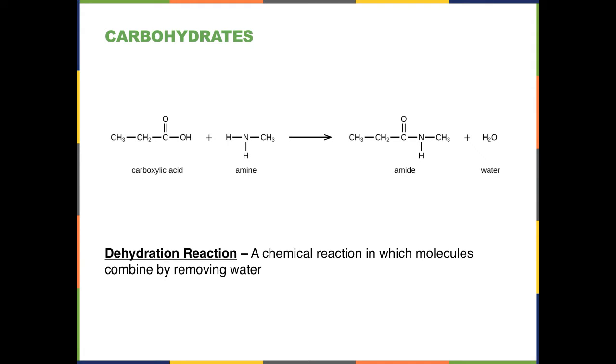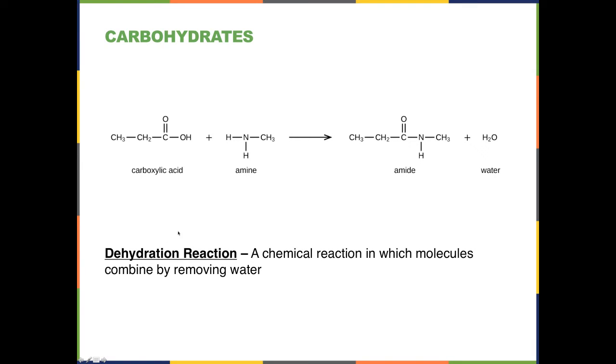One is called a dehydration reaction. A dehydration reaction is a chemical reaction that occurs in which two molecules come together and remove a water molecule and end up being linked together. And the diagram that you're looking at is an example of a dehydration reaction.